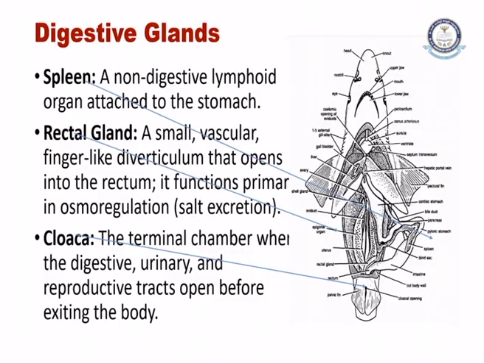As this Scoliodon resides in salt water, it needs to survive in that marine medium, so it needs to drink water and also excrete the excess salts. In that process, the rectal gland helps in excreting the excess salt which it has taken in through the water.